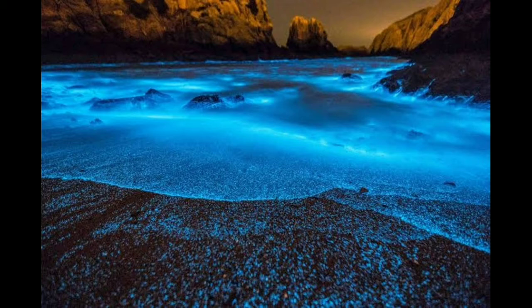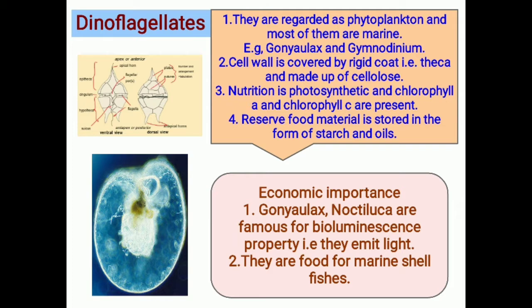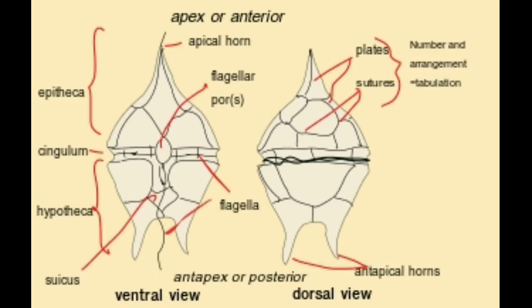This is due to the bioluminescent property of such dinoflagellates. And the most important point to be kept in mind in case of dinoflagellates is that they have their motile organ as the flagella. So that is also a very important characteristic of the dinoflagellates.